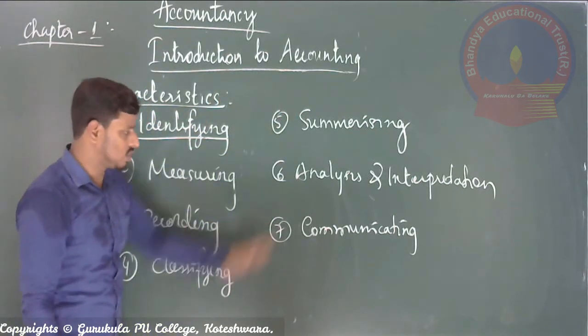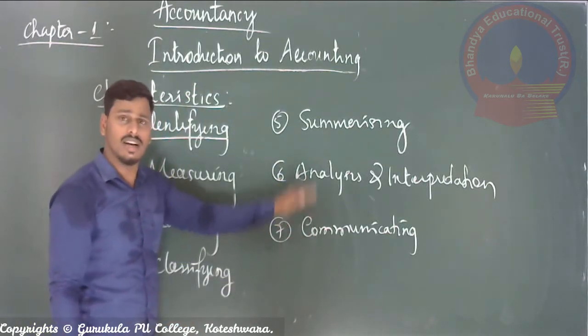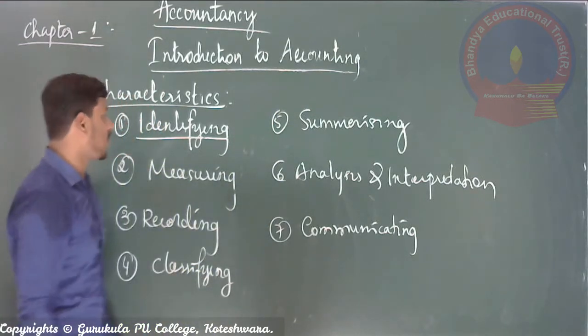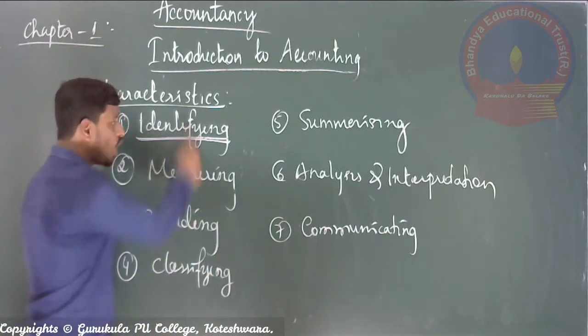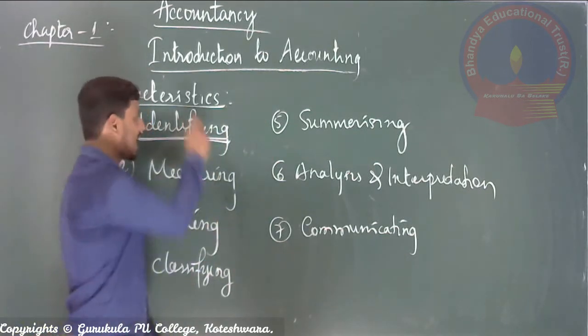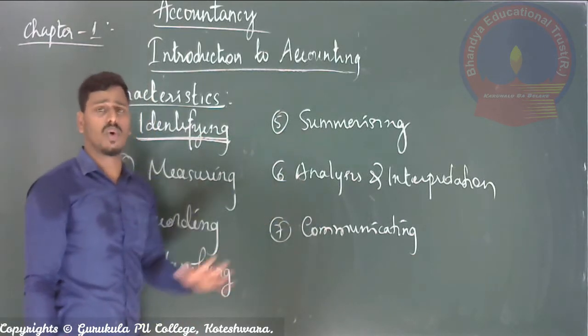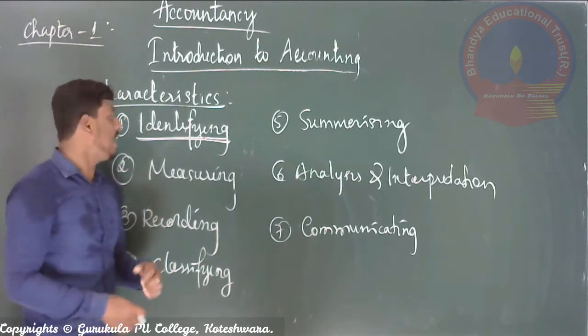I think you can see all 7 points here which are there in the meaning as well as definition of accounting. If you understand all 7 processes or characteristics, then you can easily understand what is accounting or what is accountancy. So number 1 is identifying.